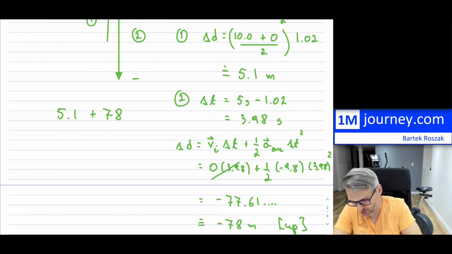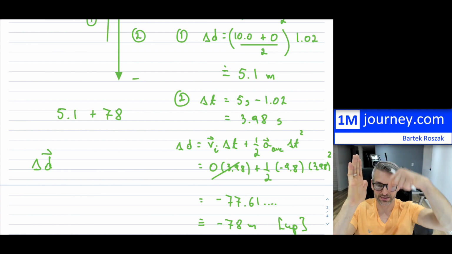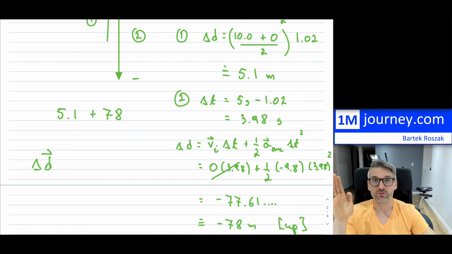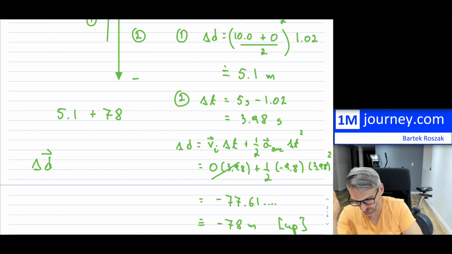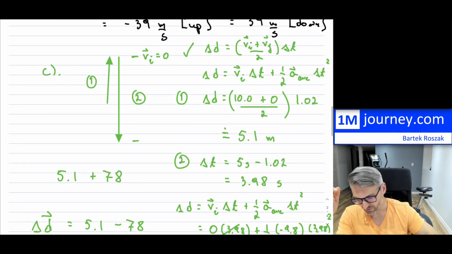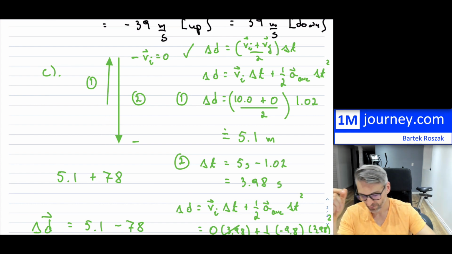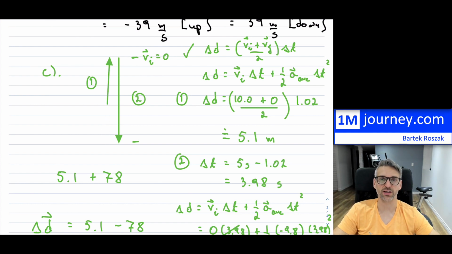If you wanted to know what your displacement was overall, then you are only looking, okay, if it went up 5.1 and went down 78, then you would have been subtracting those two. So those displacements would have been 5.1 minus 78, and you would actually use the correct values in there, and this would have given you the displacement. Notice the displacement would have been this particular piece. Now, obviously, this piece is much longer there, but that's your displacement that you're looking for.